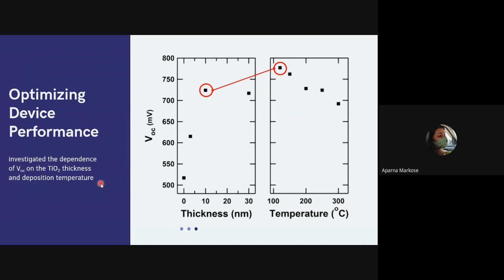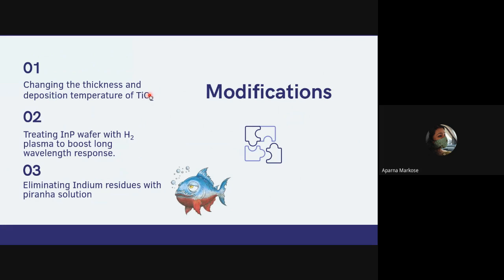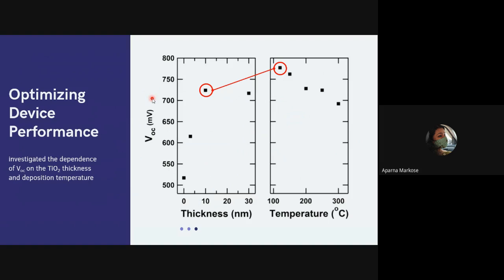Okay, then the first point we can discuss: changing the thickness and deposition temperature of titanium dioxide. When they change the thickness of the atomic layer deposited titanium dioxide, you can see how the open circuit voltage of the cell changes. When the thickness is very, very low, the open circuit voltage is nearly 525.